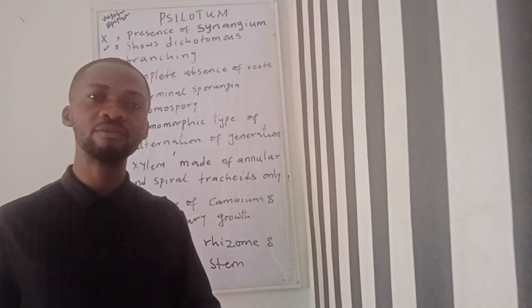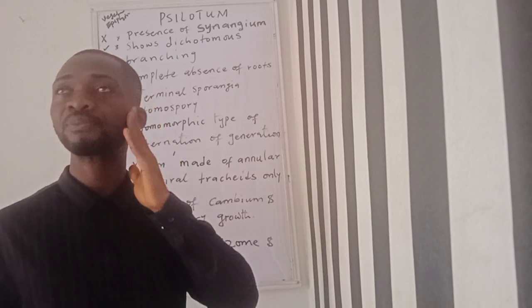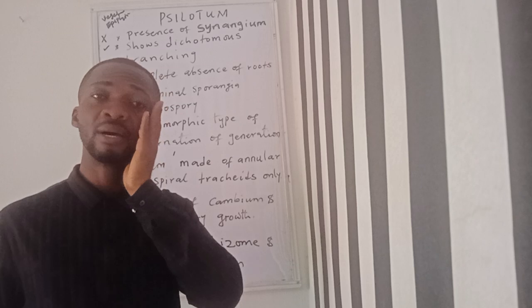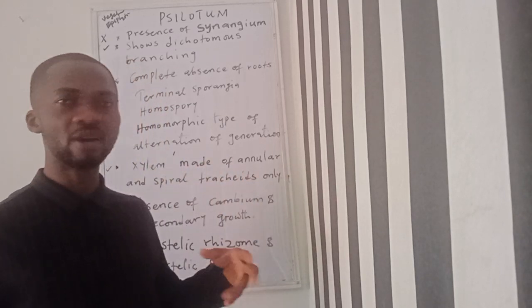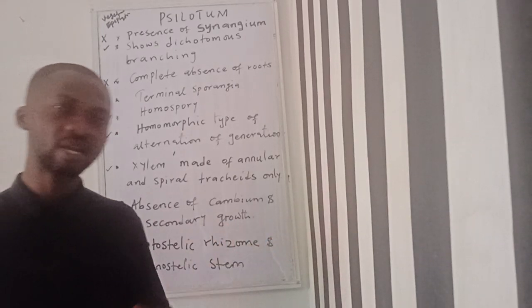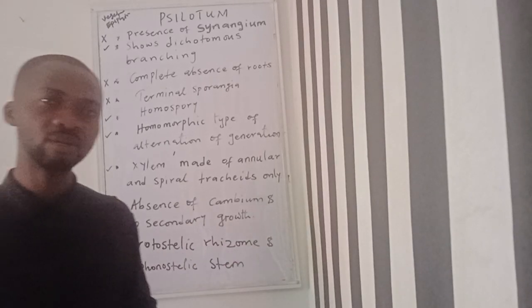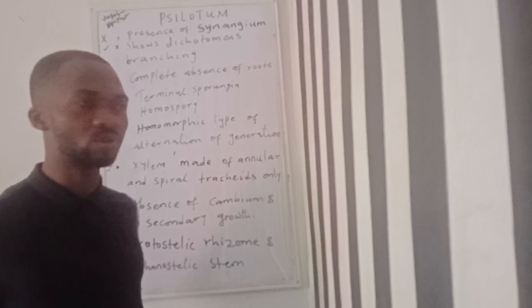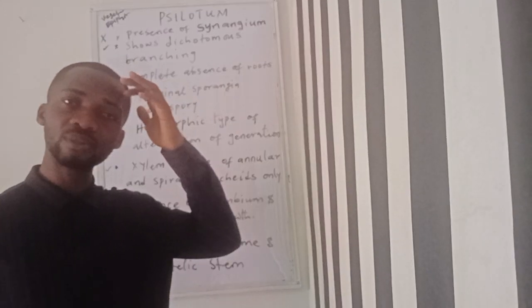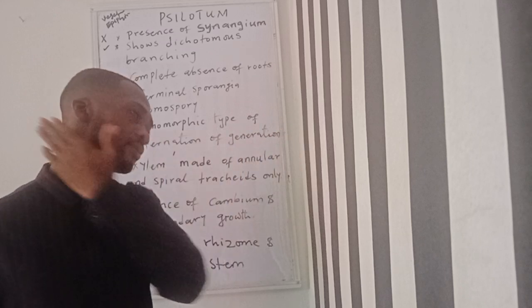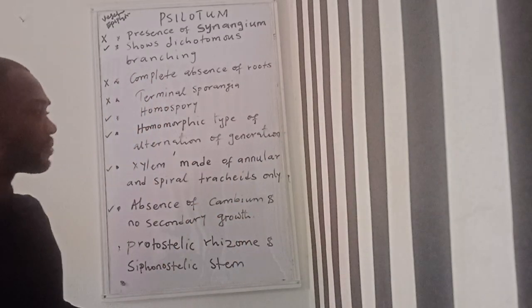Then we have the third class, which is called the Sphenopsida or Equisetinae, where you have the Equisetum as an example. Then we also have the Pteropsida. It has two subclasses: Pteropsida or Filicinae, the eusporangiate and the leptosporangiate, and have so many others: the Ophioglossales, the Osmundales, the Marattiales, the Polypodiales, the Salviniales, and Marsileales. So these are what we did in our previous class.